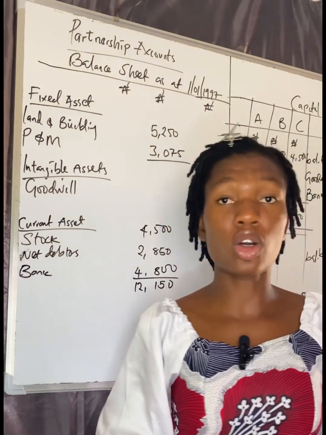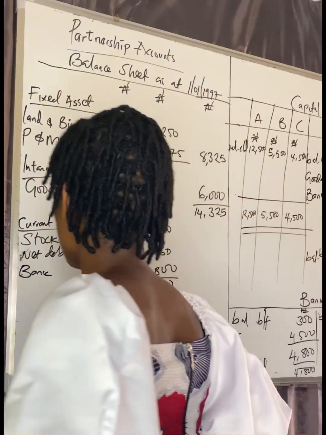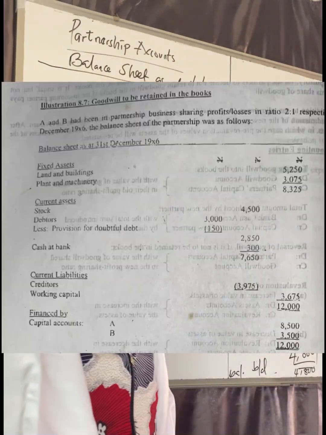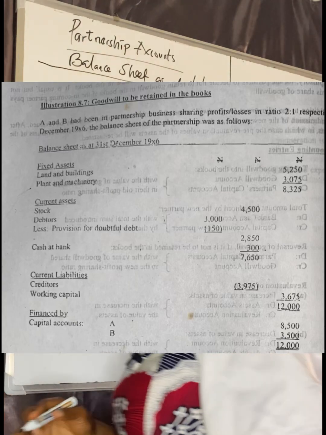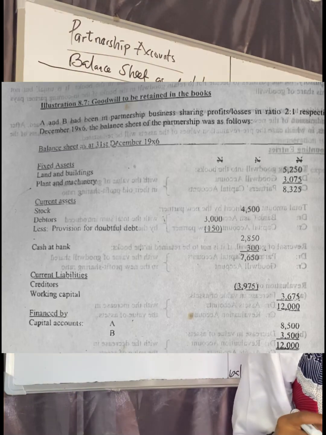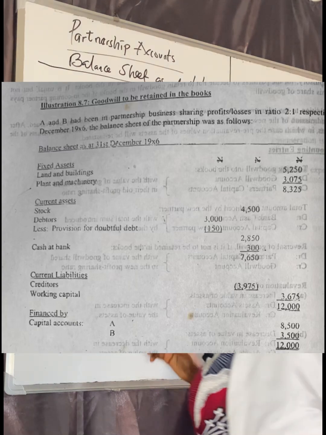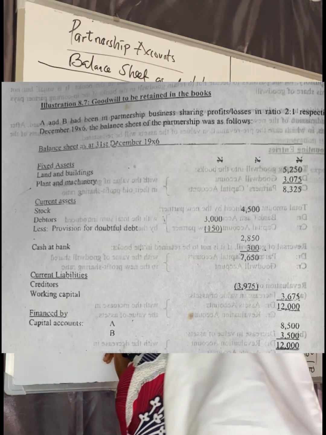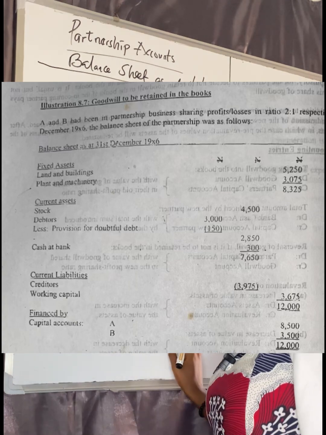Now let's check our current liabilities so we can have our working capital. For current liabilities, the only thing we have there is our creditors value, which we were told is 3,975 naira. So we're going to be deducting our current liability, which is our creditors, to arrive at our working capital.